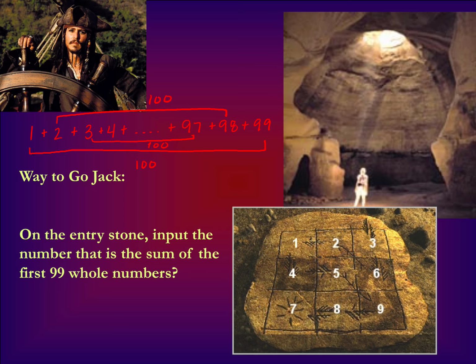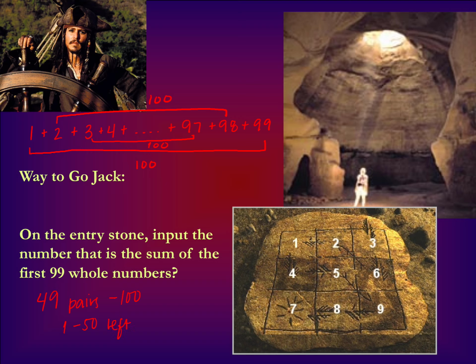The number right smack dab in the middle, 50. 50 is not going to pair up. You're going to have 48 and 52, 49 and 51, and then 50 is smack in the middle. So when I do this, I'm going to have 49 pairs that add to 100, and then I'm going to have 50 left over.